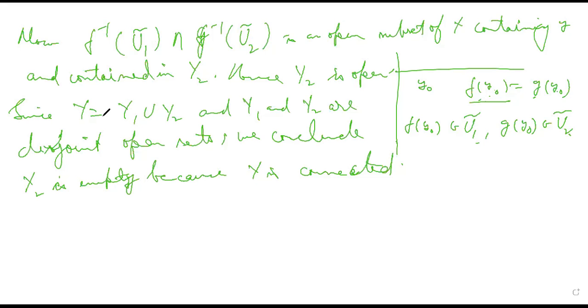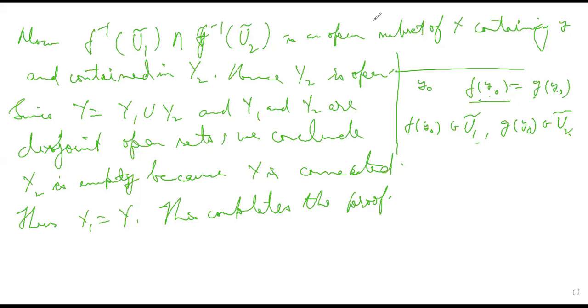It means capital Y is not connected, but it is already given that capital Y is connected, right? So y2 becomes empty. Thus y1 equals y. This completes the proof. So I'll stop here.